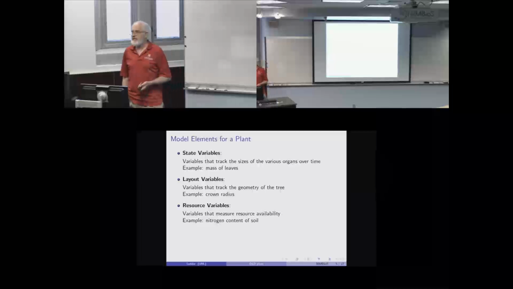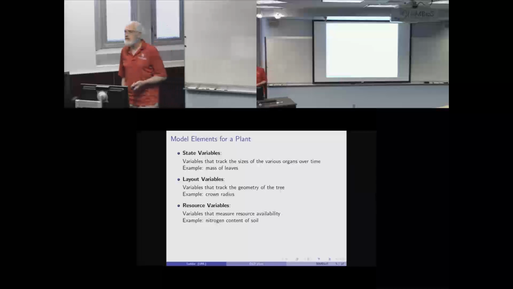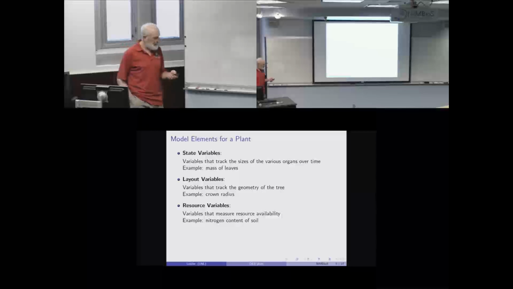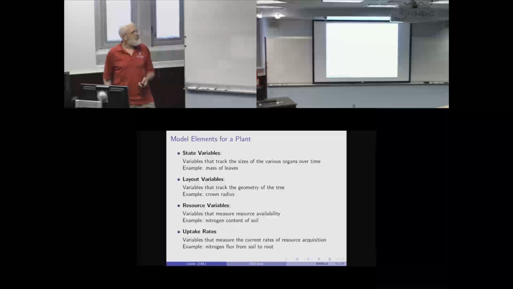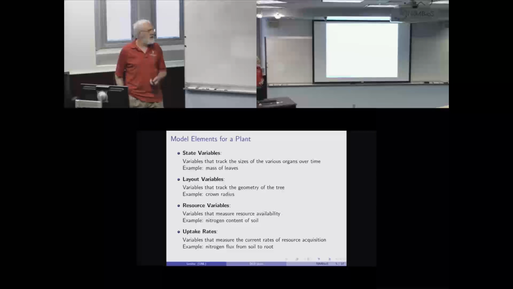But you certainly can't do that with plants in soil. However much nitrogen plants remove from the soil, that nitrogen is no longer available. So there's a feedback that you have to keep track of. And then we need uptake rates, which are variables that measure the current rates of resource acquisition. So for example, what's the current nitrogen flux from soil to root?